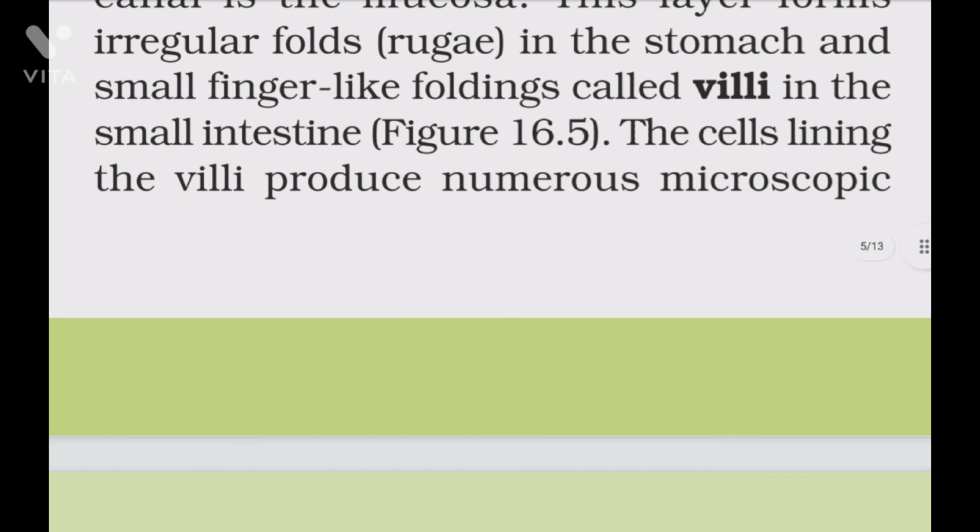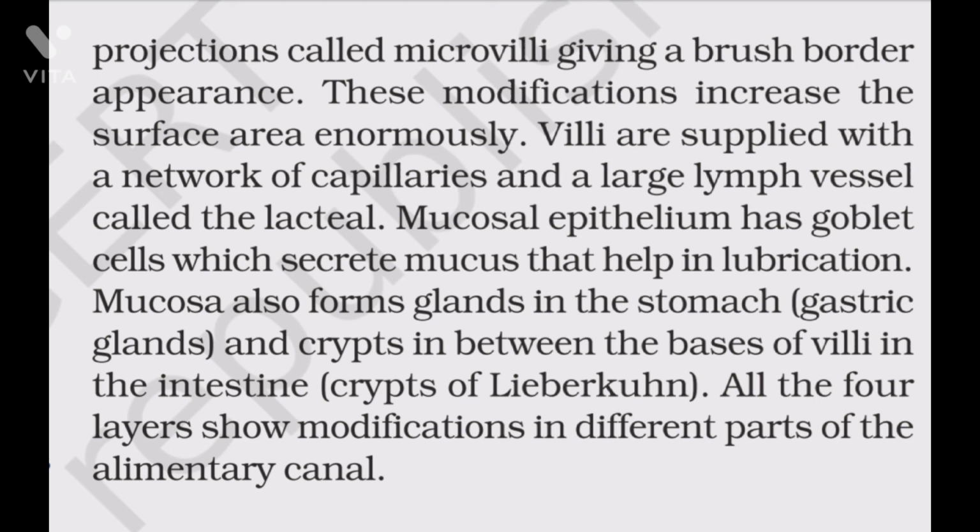The cells lining the villi produce numerous microscopic projections called microvilli, giving a brush-bordered appearance. These modifications increase the surface area enormously. Villi are supplied with a network of capillaries and a large lymph vessel called the lacteal.